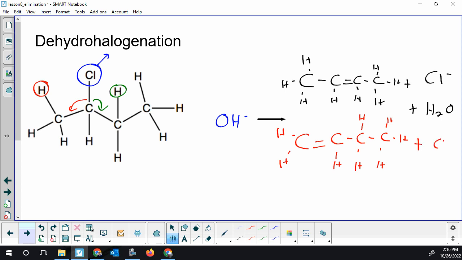So this will also have a Cl leave, but it'll be chloride, and you'd get a water. So an H and a Cl come off, but they don't end up together. The H ends up with the hydroxide in a water. The halogen ends up as an ion by itself.